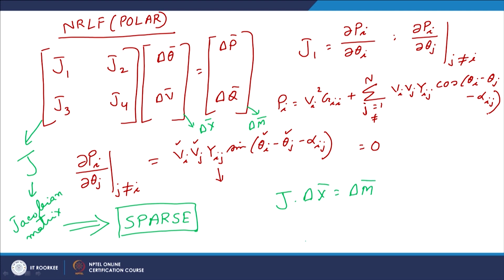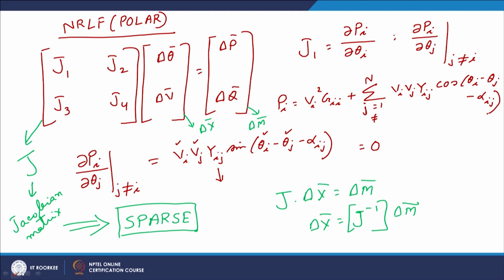Now, what we have said earlier is that delta x should be equal to J inverse into delta m. But then we need to understand something very interesting here. We have just now understood that the J matrix is a sparse matrix. Now, depending upon the number of buses, this J matrix can have any dimension. For example, we know that the dimension of the J matrix is 2n minus m minus 1 cross 2n minus m minus 1.